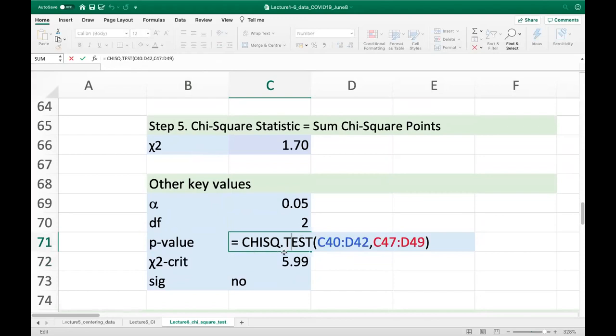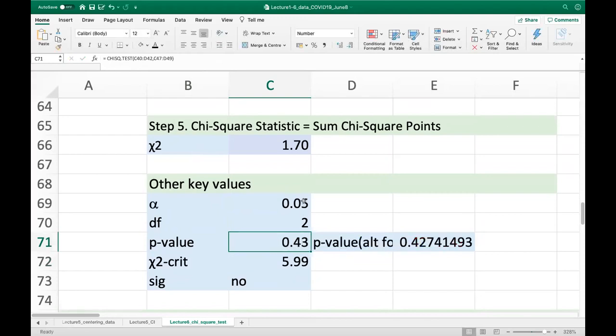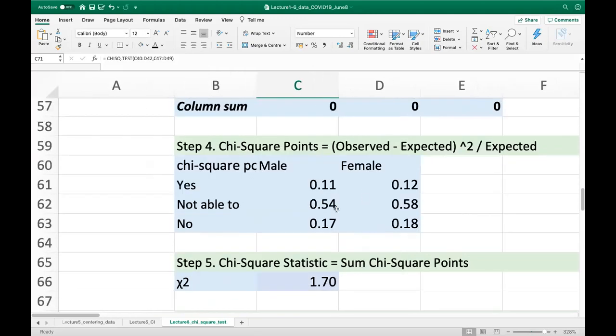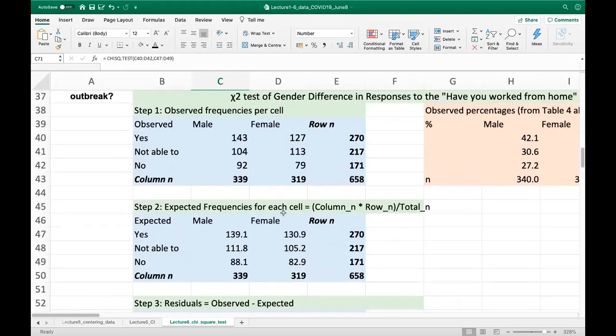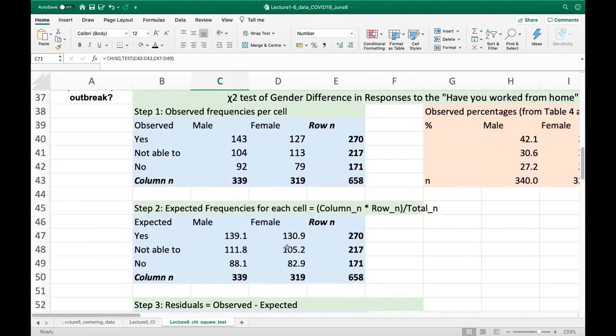The p-value in this case is 0.43. Again, we already know it's going to be larger than 0.05, and therefore we conclude that we could not reject our null hypothesis that there's no relationship between gender and the way they respond to this question. So there's no difference in not being able to work from home between male and female.